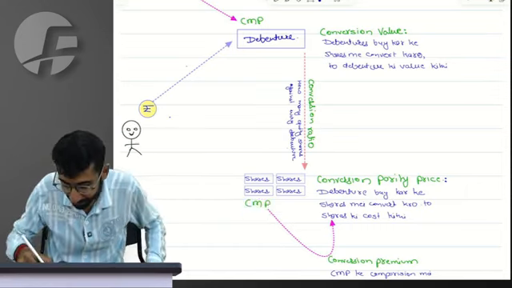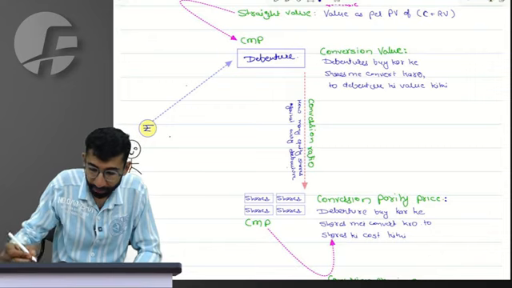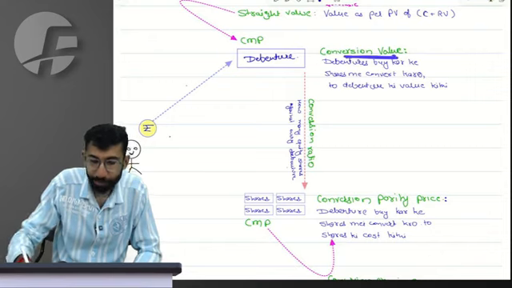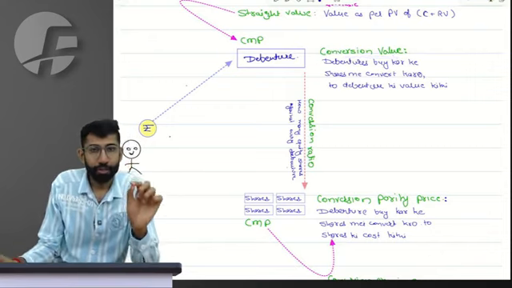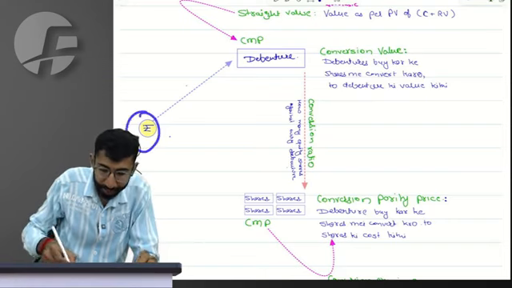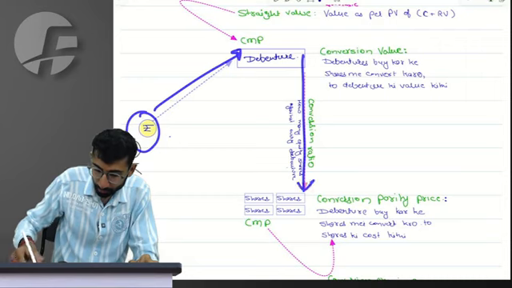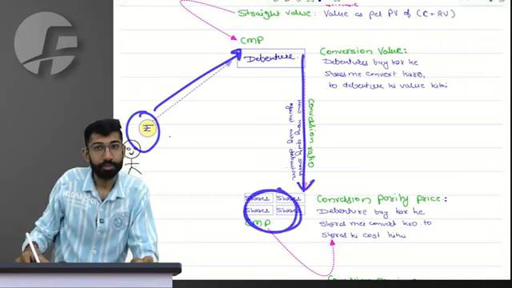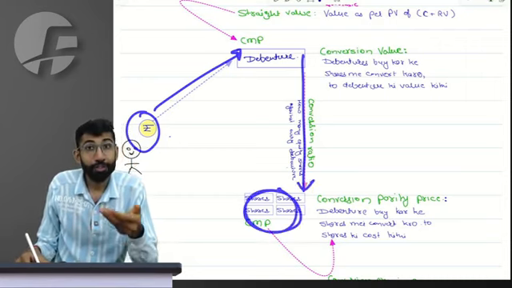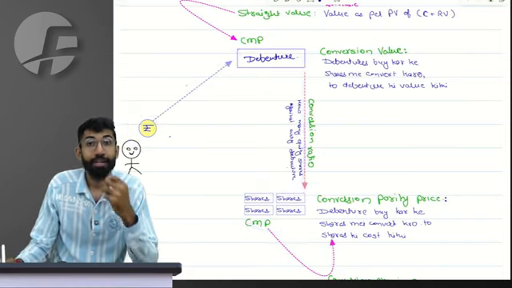Cool. Now the next terminology, everyone in the class, is conversion value. Conversion value means, sir, I paid an amount to buy the debenture. If those debentures are converted into equity shares, do you agree after conversion they will have some other value?